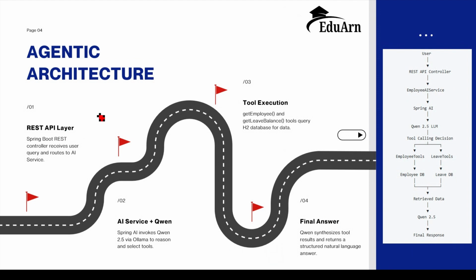Agentic architecture: it starts with a REST layer, a Spring Boot REST architecture, then goes to the AI service Qwen model, then tool execution, followed by the answer.